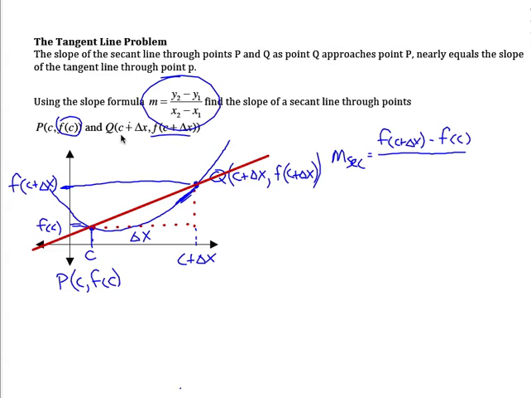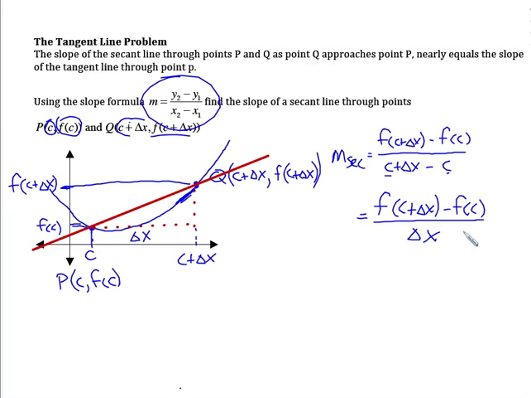So x sub 2 is right here, c + Δx, and then minus x sub 1, which is c. All right, let's clean this up a little bit. In the numerator, we can't really do anything, so we have f(c + Δx) minus f(c), over, well, the c and the minus c cancel out, so all we're left with is Δx.